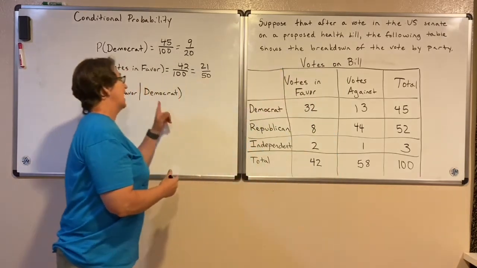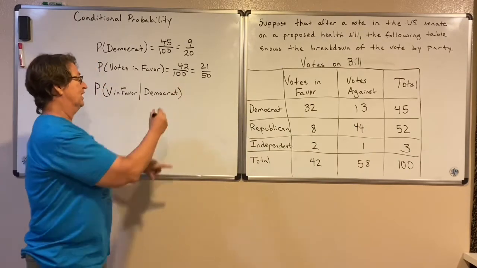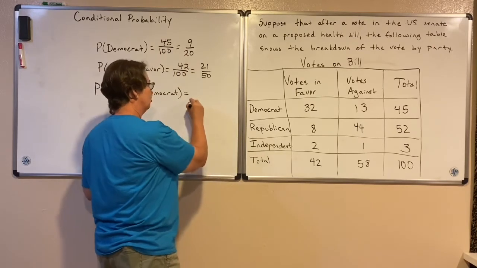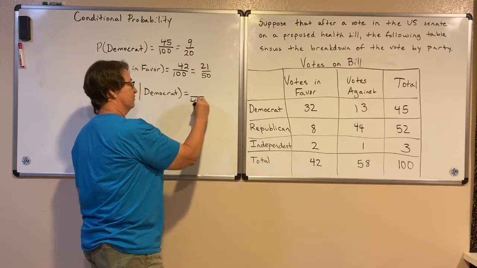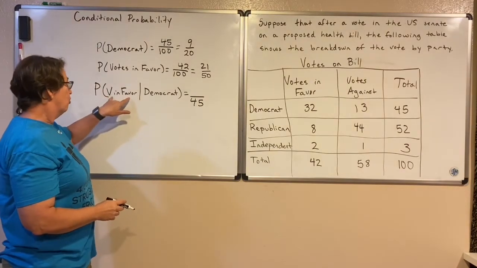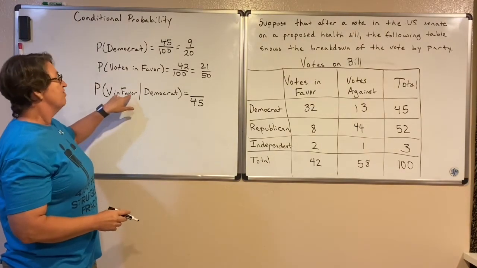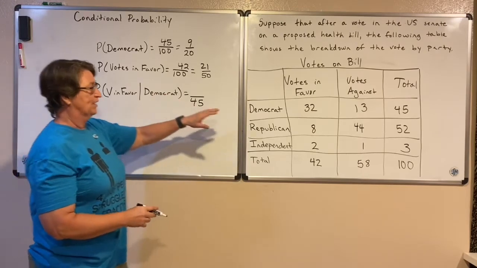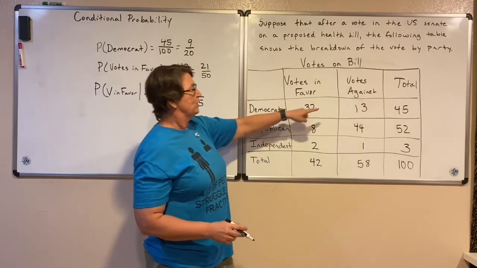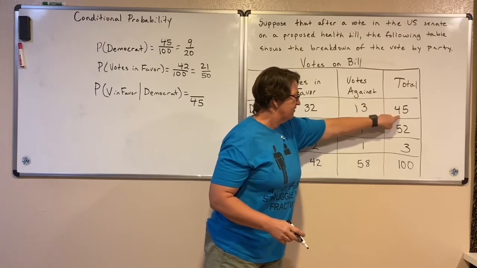Instead of looking at out of the whole 100, I'm now only looking at those Democrats. I'm only looking at the 45. So my probability now is the ones in favor that are also Democrats. So I'm only looking at these Democrats, so it's a total of 45.